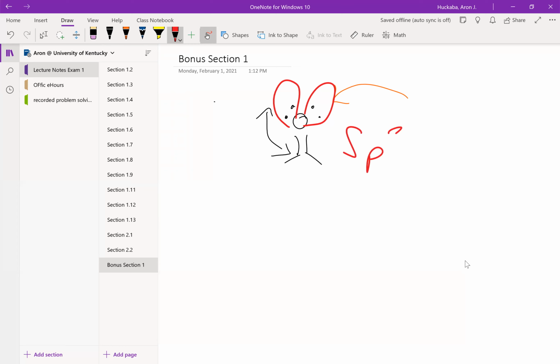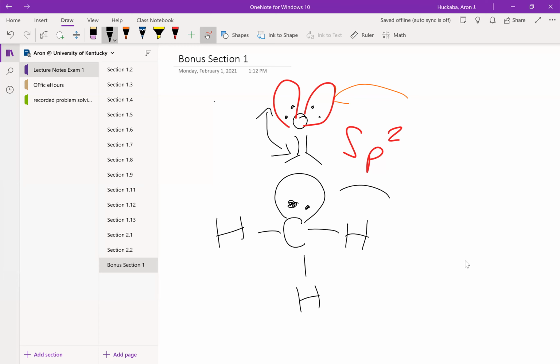That's sp2. So for instance, if we had a carbon, sorry, let's try to draw that better. If we had a carbon and it had a lone pair of electrons here, and they were in this orbital, what would the hybridization be of that pair of electrons?